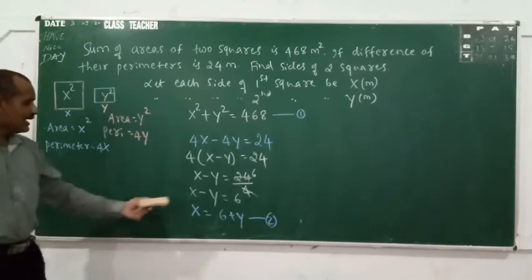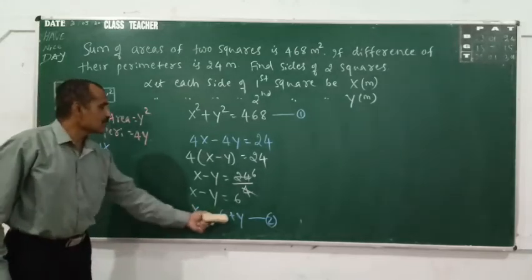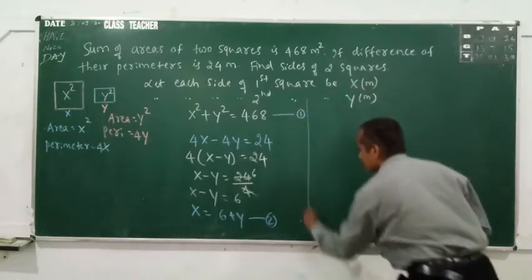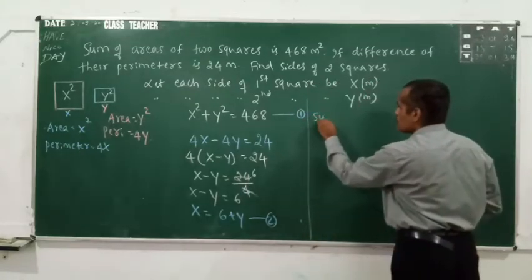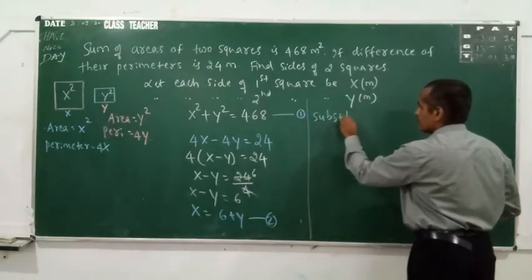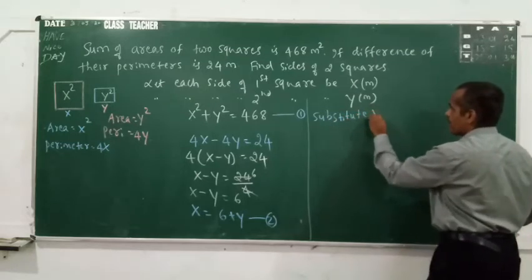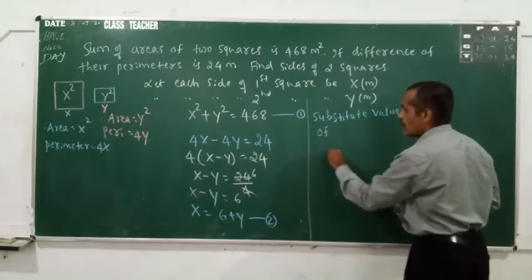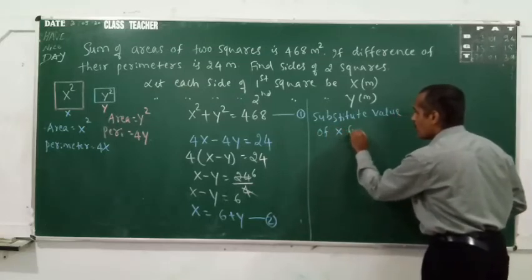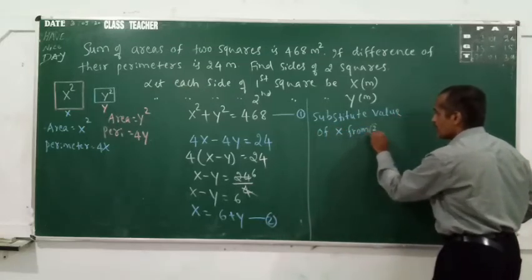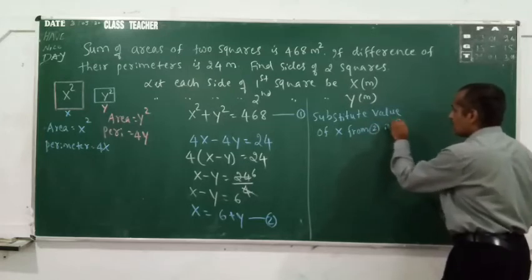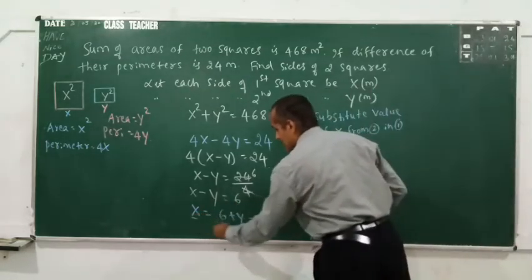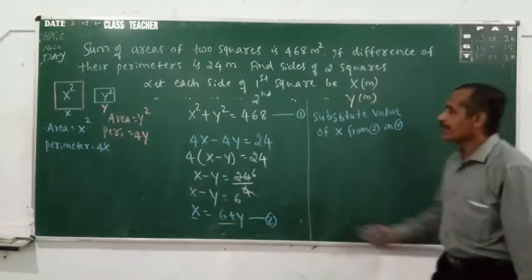And what will I do? This value I will substitute in equation number 1. Substitute the value of x from equation 2 in equation number 1. In the place of x, put 6 plus y.